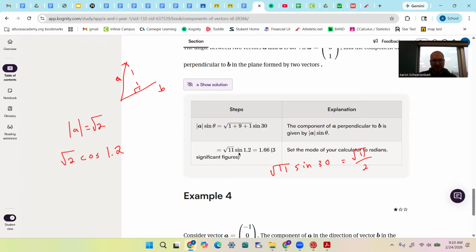I don't have a clue why they went to sine 1.2, but that might be a typo.